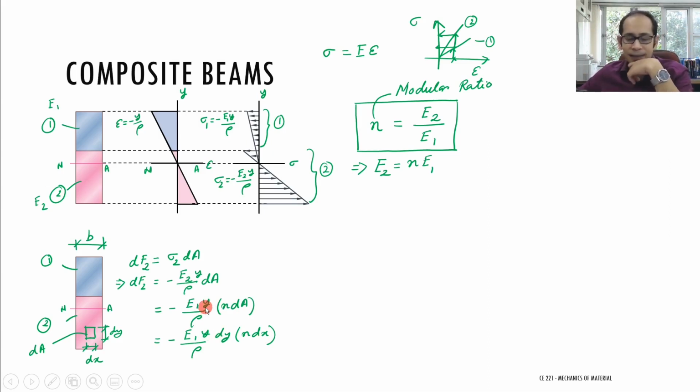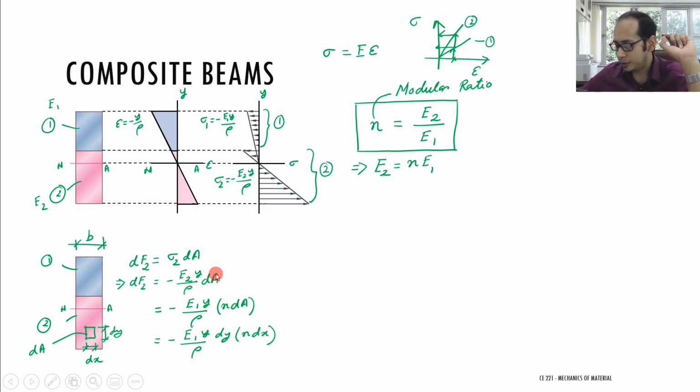Since we are calculating the force, it tells you that this force, which is taken by the area dA for a component made of material 2, can be handled differently. If I transform material 2 to material 1, so I have converted E2 to E1 with the help of this modular ratio, the same force, because dF2 stays the same, can be taken by material 1, provided you have increased the area n times.